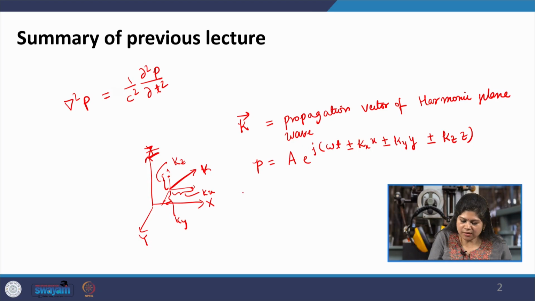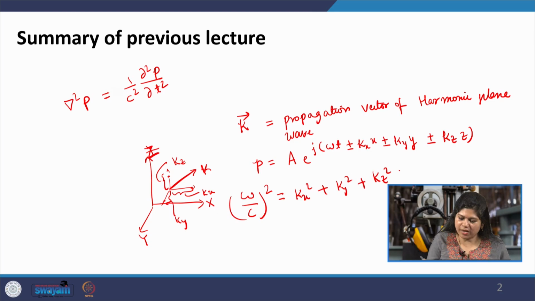And there was another equation, which is (omega by c) whole square is simply kx square plus ky square plus kz square, which is the sum of the square of the individual components of the propagation vector. So, with this let us solve some numerical problems.